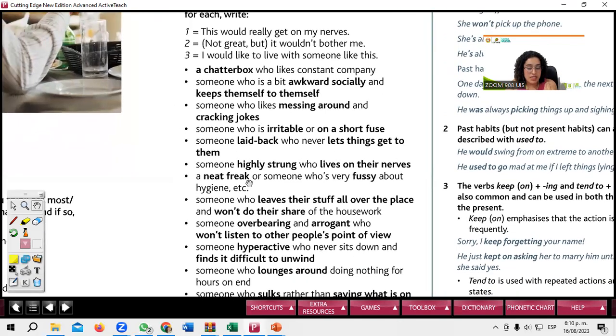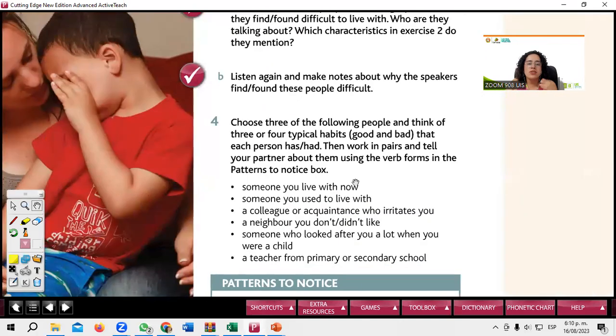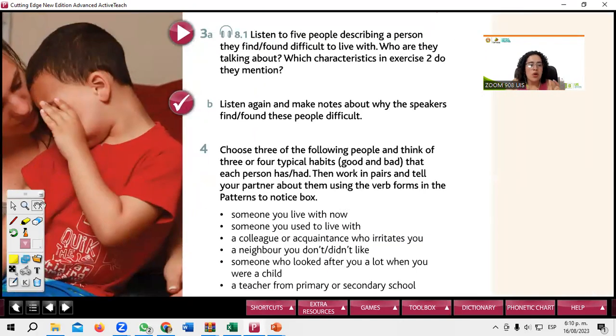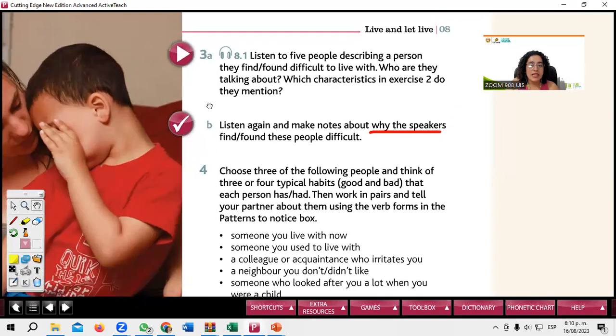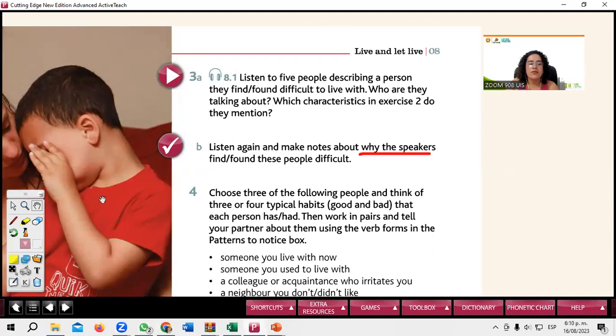Any of the characteristics that we saw yesterday, that we reviewed yesterday. And also a short description of why the speakers consider these people difficult to live with, okay? So I will play the audio twice for you, and then I will send you to the groups so you can answer the questions, okay?